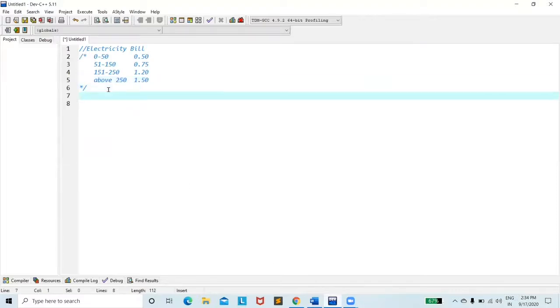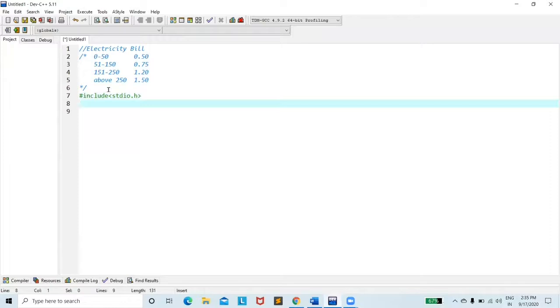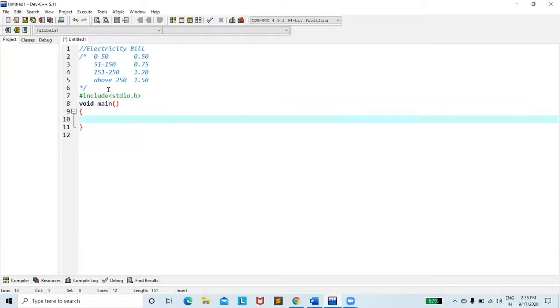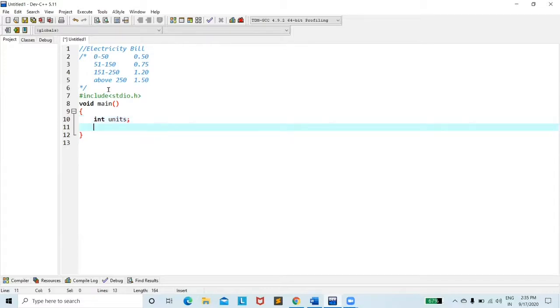Starting with the header file, #include <stdio.h>. And now my main section, void main. Let me declare the variables. One variable to read the number of units, and I'll take float data type variables.